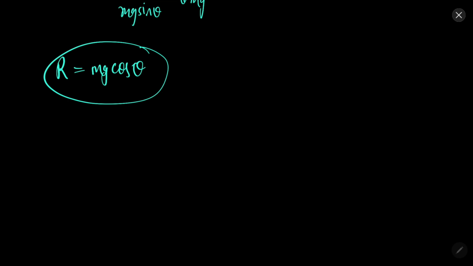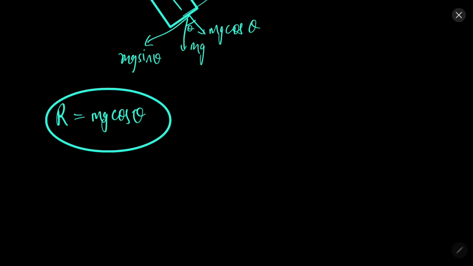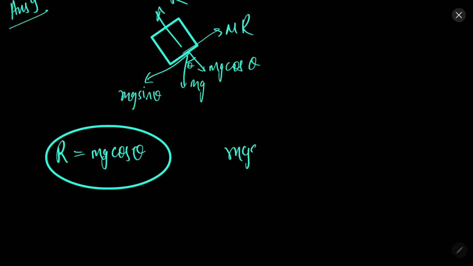So from here R equal to mg cos theta. Then one equation will be mg sin theta minus mu R equal to ma.